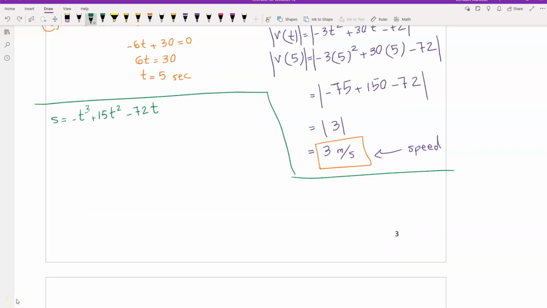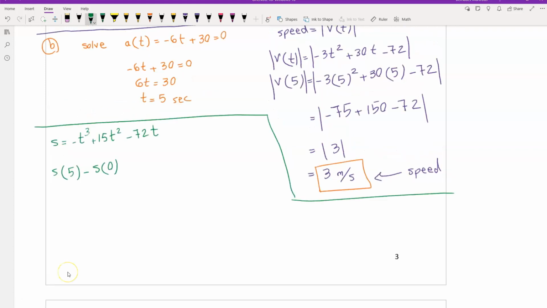Here, what we had for S was equal to negative t cubed plus 15t squared minus 72t. And if we try to find S of 5 minus S of 0 based on what was asked, for t equal to 0 to t equal to 5, using this, we're not able to get the distance that we traveled. What we're going to have is net change of position.